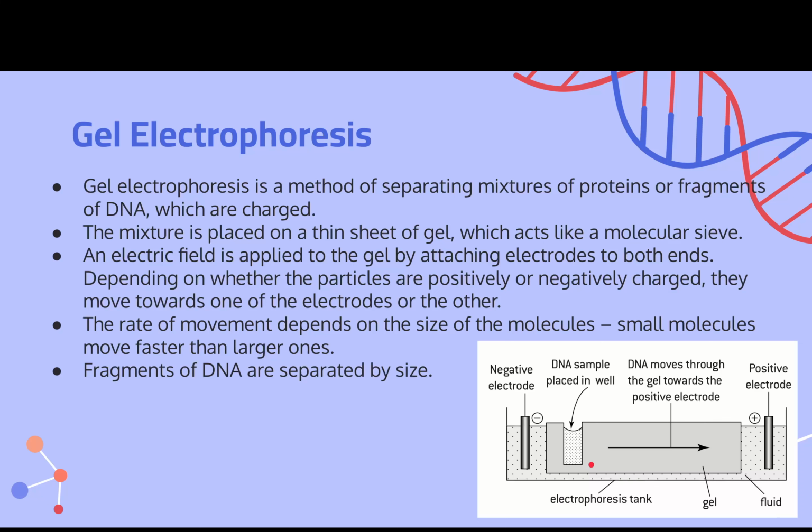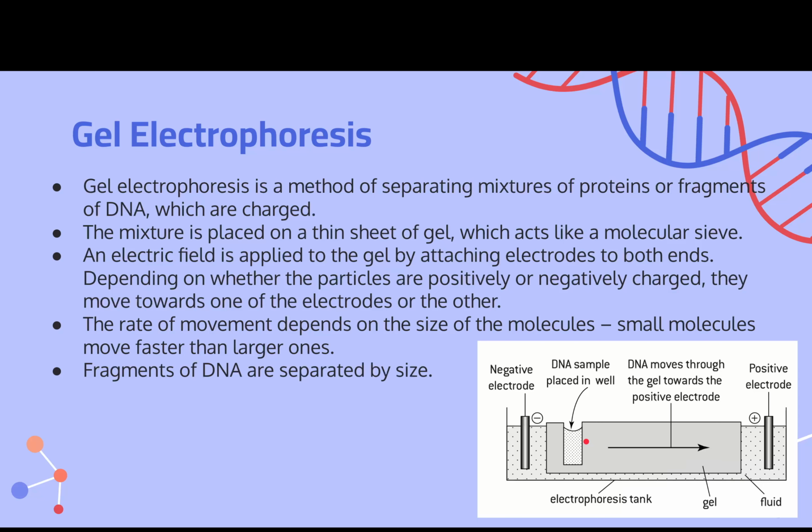So basically, the way it works is there's a tank, there's some fluid in there, you put in two electrodes, there's some gel, and you place the DNA sample in a well in the gel. Because of being charged positively or negatively, they will move towards one of the electrodes or the other. Usually, the more negatively charged the DNA molecules are, the further they will move towards the positive electrode.